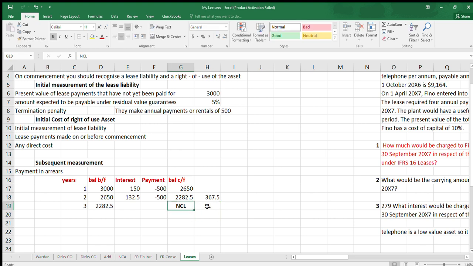And this figure will be carried forward in the subsequent years. So it becomes a non-current liability. So if you are preparing for 1 year, you have to do year 2 so that you know your current liabilities.